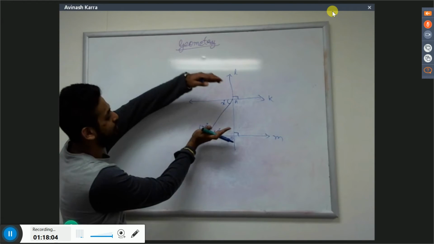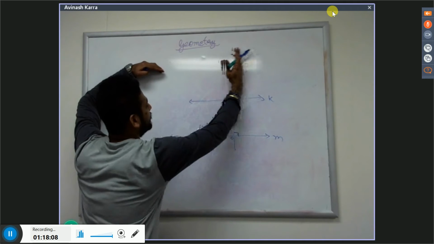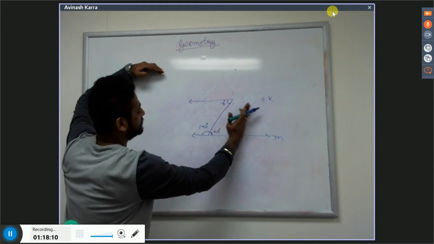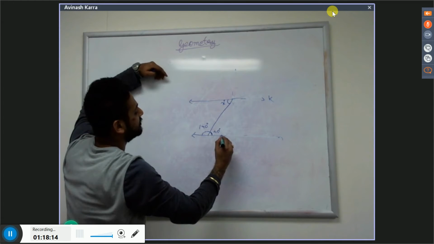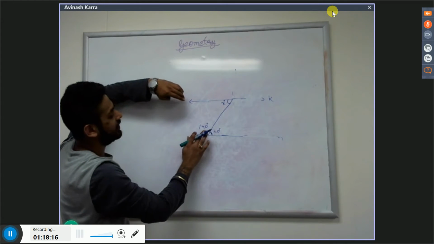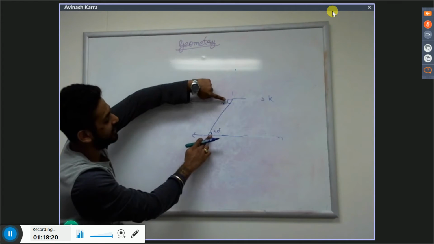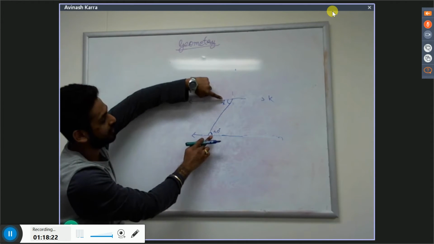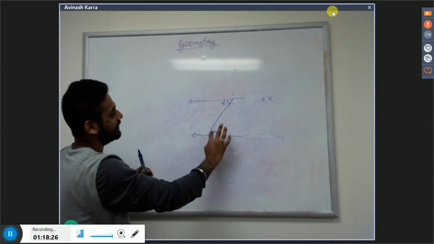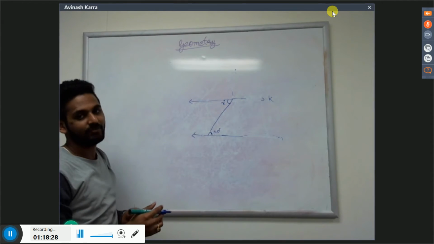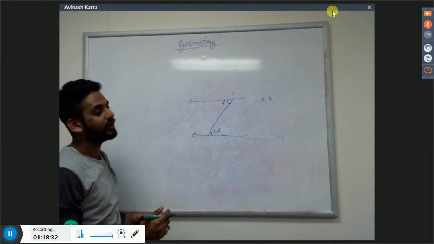Just forget about this. If it is like this, what are these angles? They're corresponding angles, whatever the name is, they're the same ones. That way they both are 40. Yes. Okay.